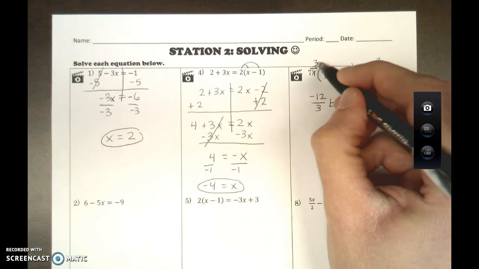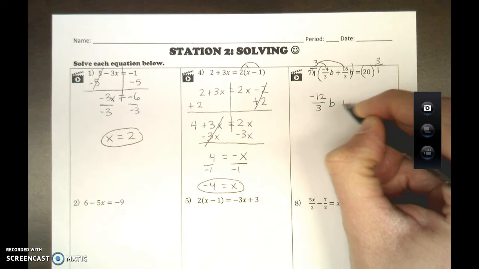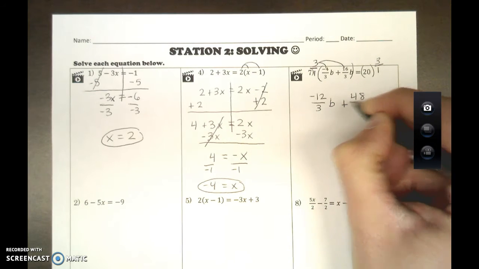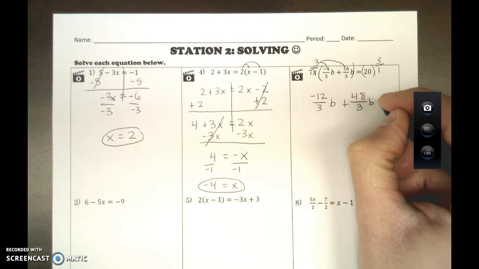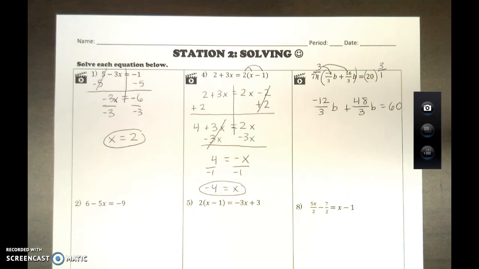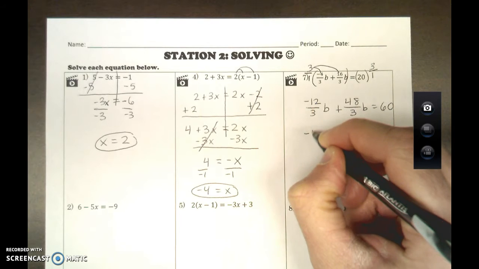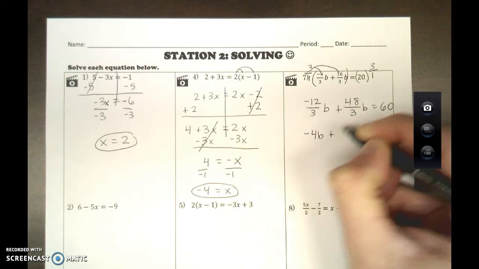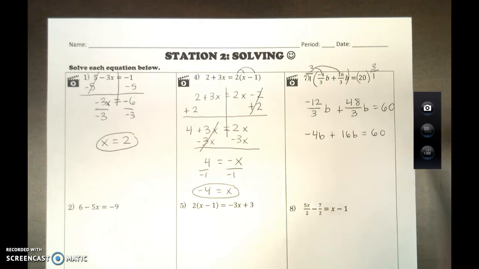Doing the same thing here, I'm multiplying 3 over 1 times this. 3 times 16 is 48, and 1 times 3 on the bottom is 3. And then 20 times 3 is 60. I can simplify this. Negative 12 divided by 3 is negative 4b, and 48 divided by 3 is 16b, which equals 60.